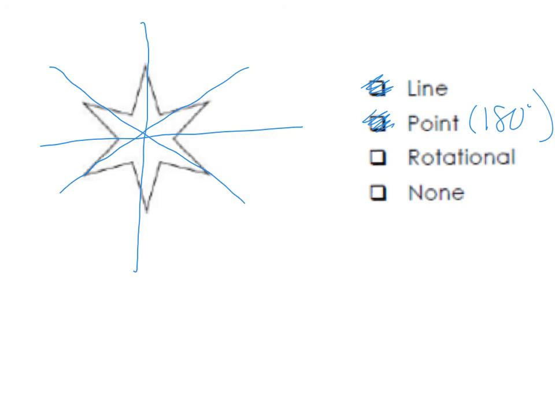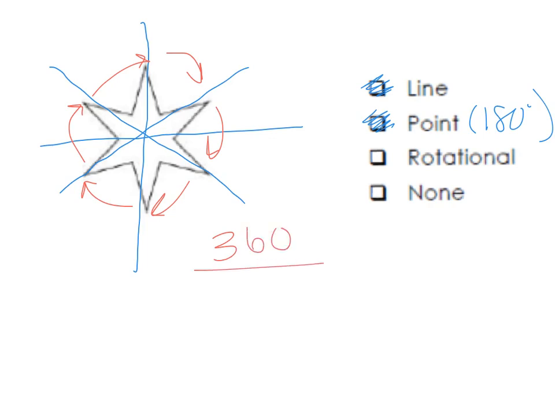If I start rotating this piece by piece all the way around, this can make several stops and still lie flat on top of each other. We would have stopped 1, 2, 3, 4, 5, 6 times. So that would be a total of 360 degrees divided by 6, which gives us 60-degree rotational symmetry.